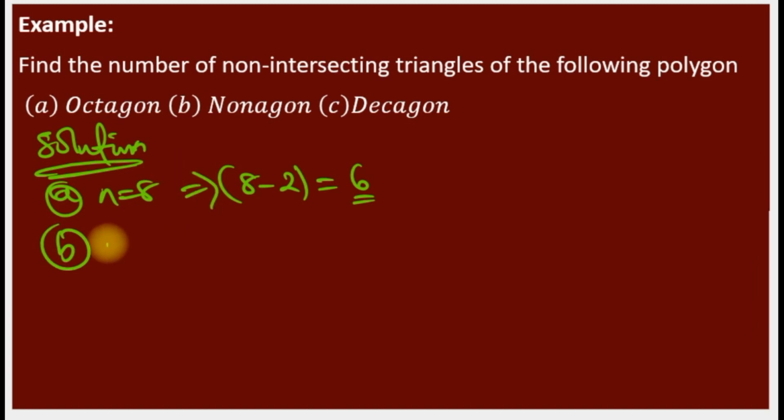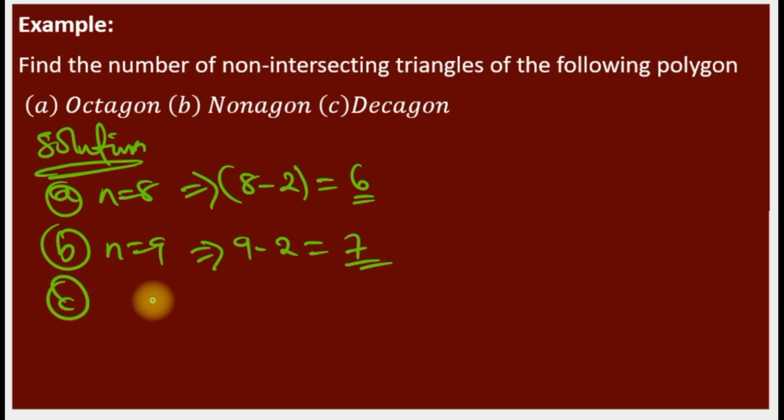The second one, a nonagon, has 9 sides, so it will have 9 minus 2, which is 7 non-intersecting triangles. Finally, a decagon has 10 sides, so we have 10 minus 2, which is 8 non-intersecting triangles.